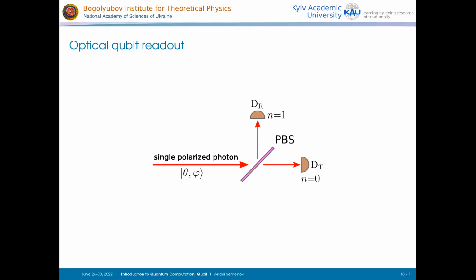But what happens when your photon is neither in horizontal nor in vertical polarization, when it is something intermediate? In this case, you will get randomly either this result or that result. This is, by the way, how some quantum number generators work, some commercially available quantum number generators. These are not pseudo random numbers.